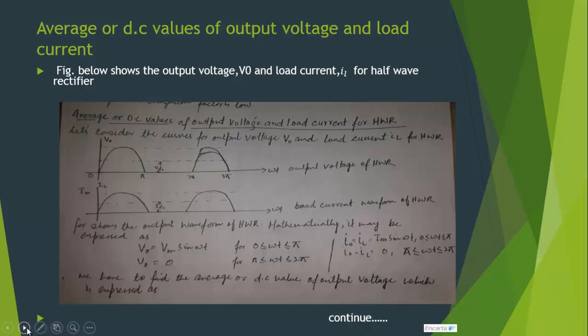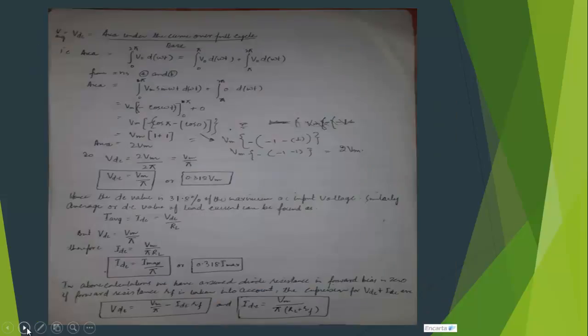Now we'll find the average or DC value of output voltage, which is expressed as V average or VDC. It is equal to the area under the curve over the full cycle divided by the base. As you can see, the area is equal to the integral of 0 to pi V naught d omega t.